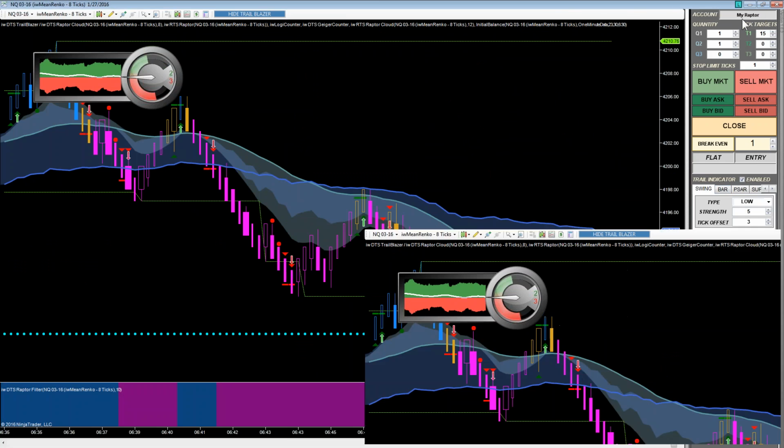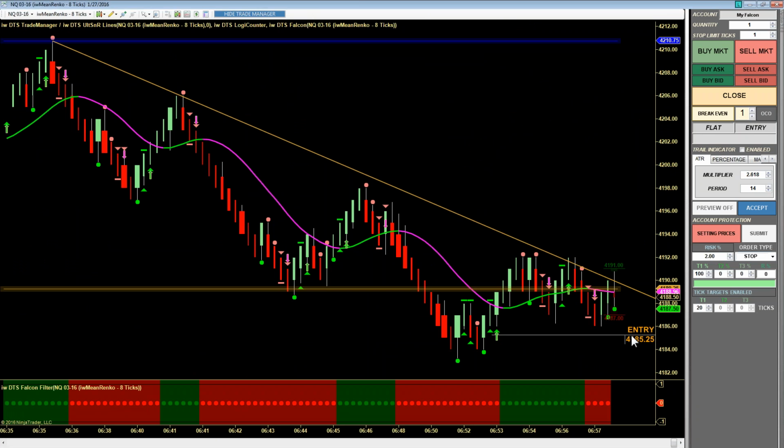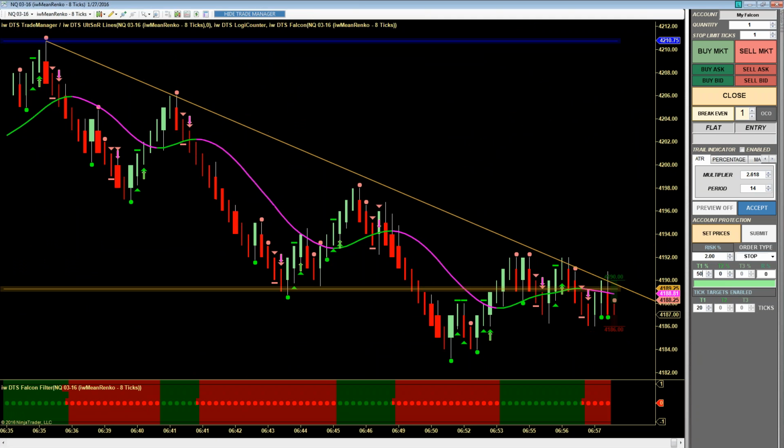On the trade manager, you've seen me set up for the signals. I hit the set prices button and I place my entry and my stop. I've already got my profit target preset. And you can split the profit targets up, by the way. So let's say I wanted to take half my target on 20 ticks and the other half at 30 ticks.